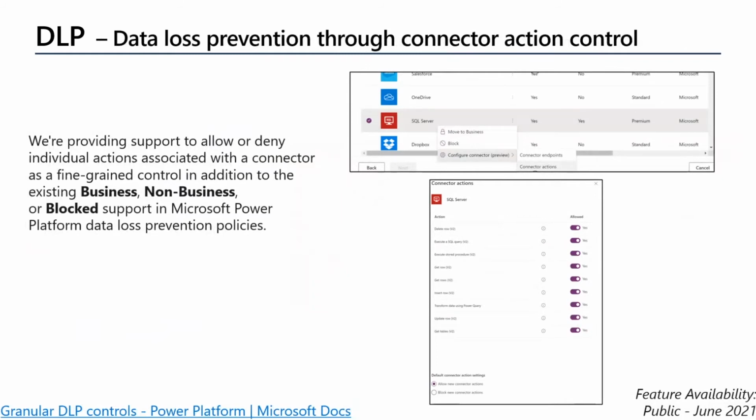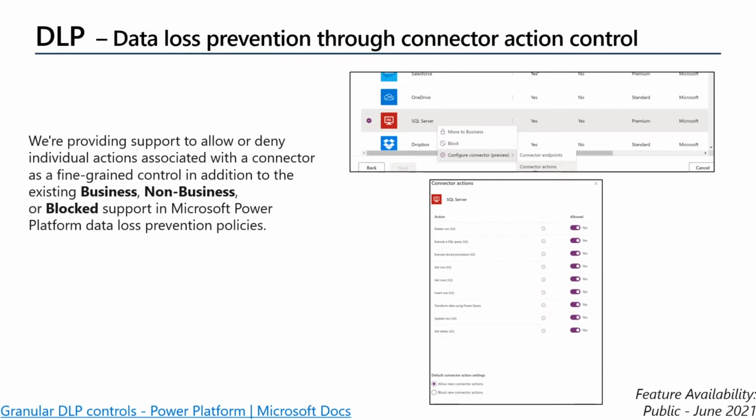So here with the action control, admins can safely enable business use cases using Microsoft Power Platform with the ability to control specific actions for the connectors without the need to block the entire connector in the environment. For example, here we have the SQL Server connector, and then we can specify the actions that we have there.